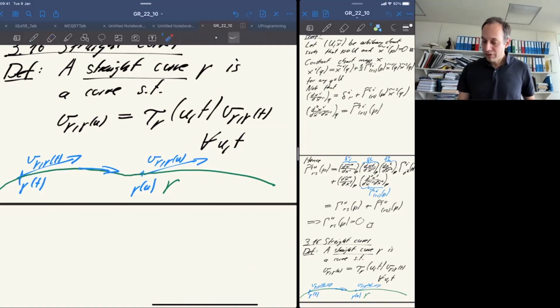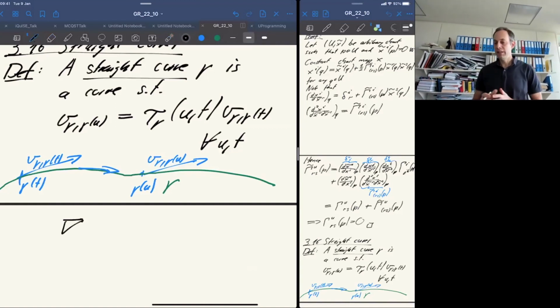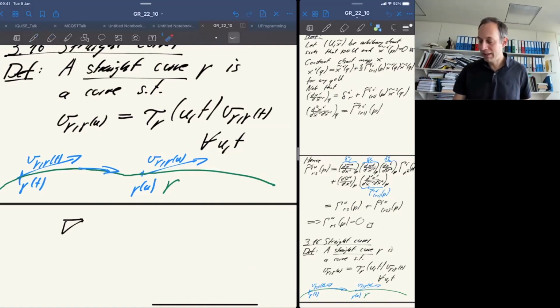Now, this condition is, of course, equivalent to a differential condition, because we know that the covariant derivative just corresponds to the parallel transport in an infinitesimal region. So remember, it was defined by making u very close to t.